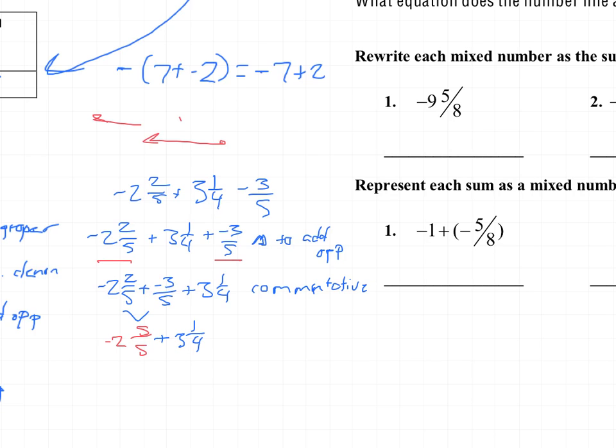Well, 5/5 is an additional 1, so this is really just -3 plus 3 1/4. So doing this was just using kind of the associative property. And here our justification is that 5/5 is 1.